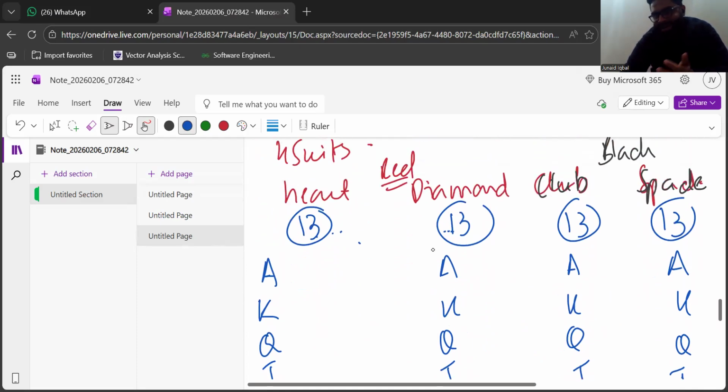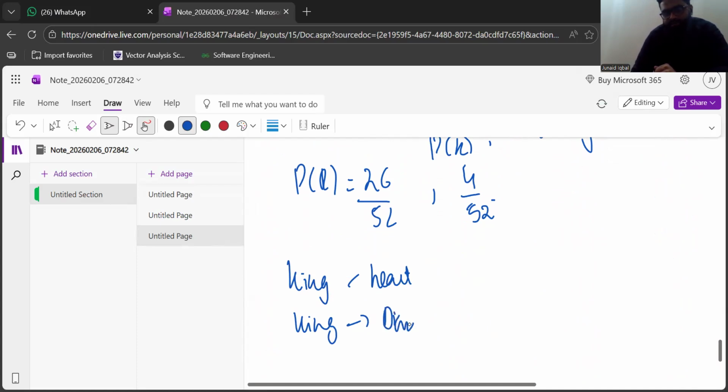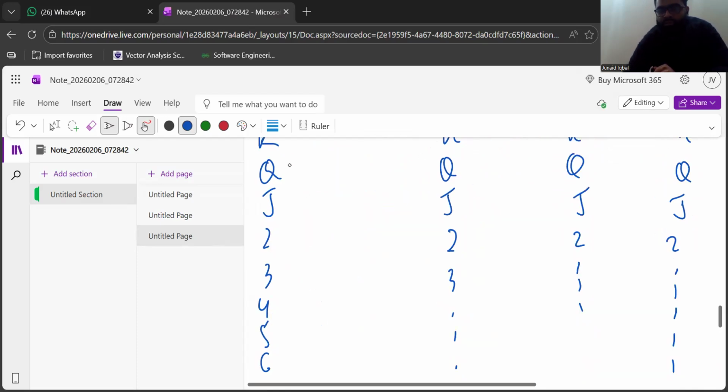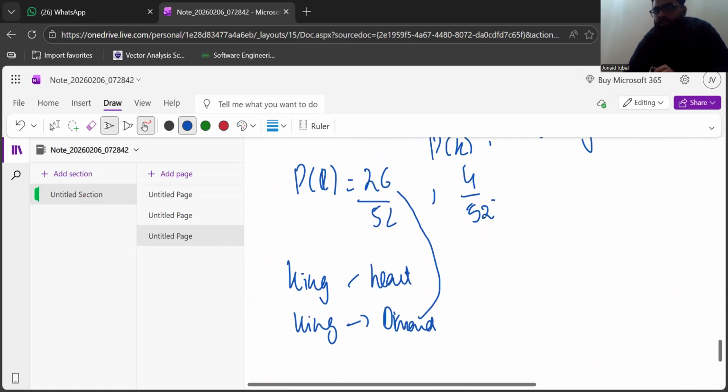But if I'm selecting the red card, I have a king in both the red categories. So the king of heart and the king of diamond are already included in this 26 upon 52, and then we have also included this 4 upon 52.